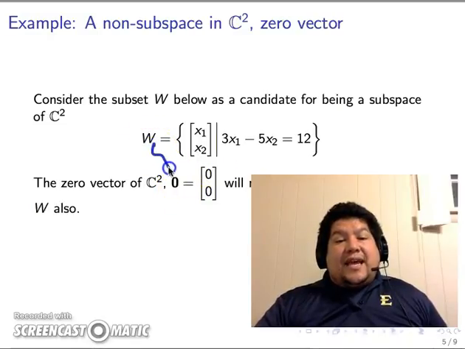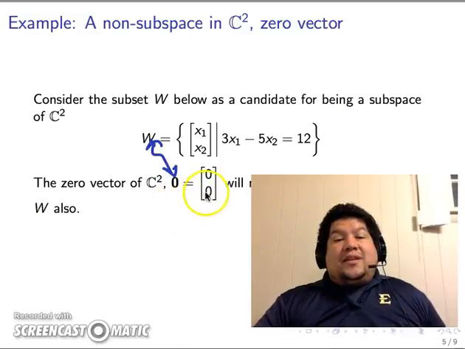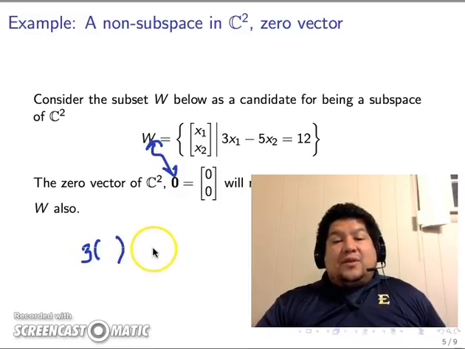So if that candidate is to have the properties of a vector space, then that candidate set better have 0 as one of its members. And so for 0 to be a member of W, we would have to verify that 0 is a solution of this equation.